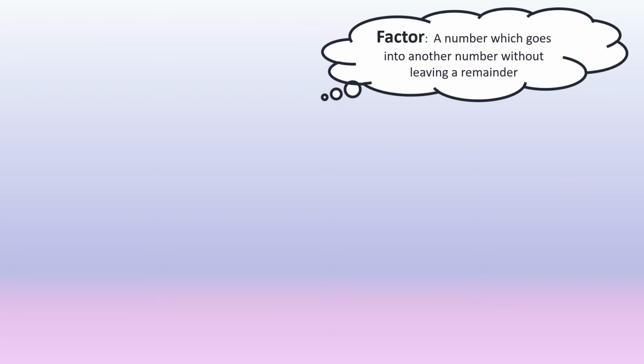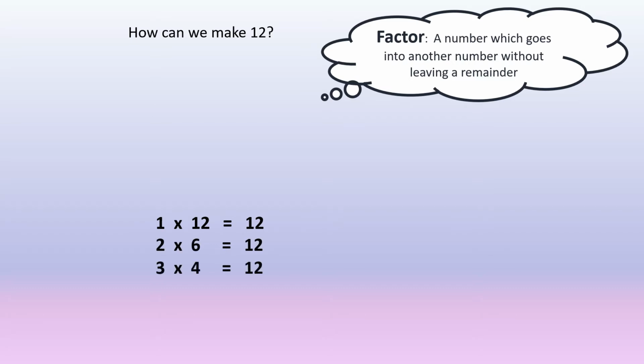So a multiple is something that is in a times table, and a factor is a number which goes into another number without leaving a remainder. So for example, the number 12. We can make the number 12 in a few ways. We can do 1 times 12, 2 times 6, and 3 times 4.